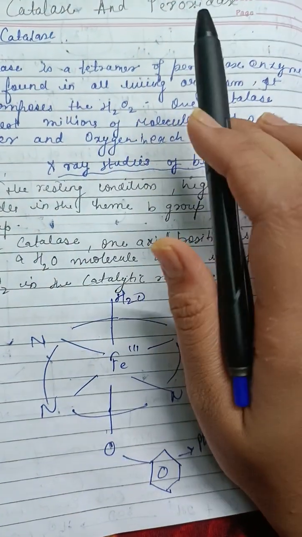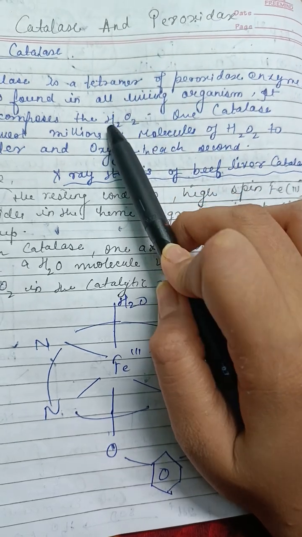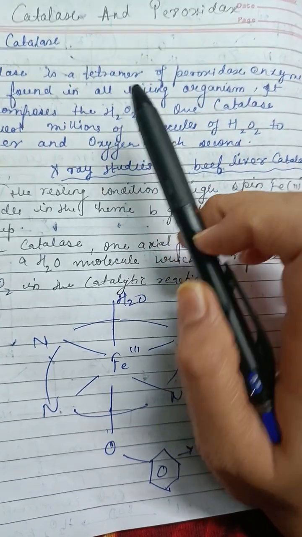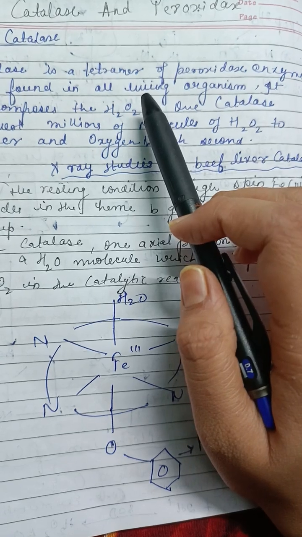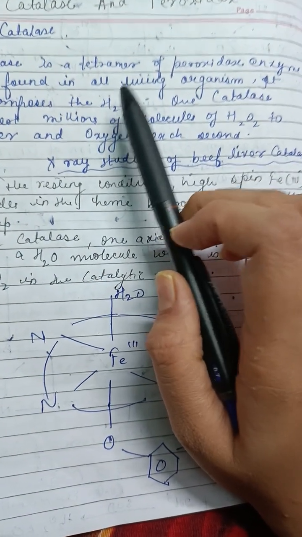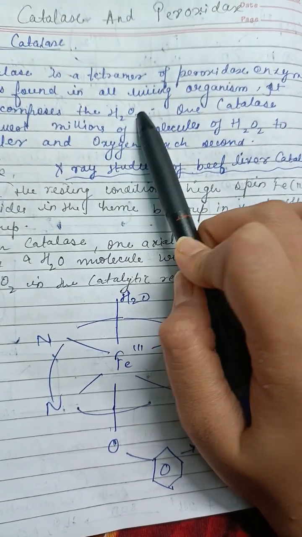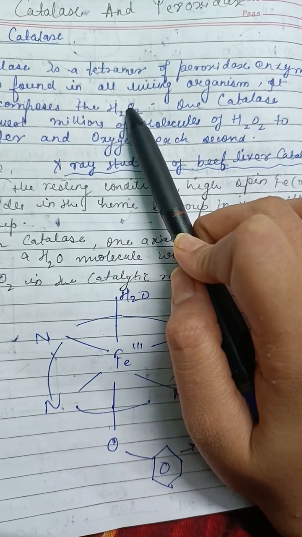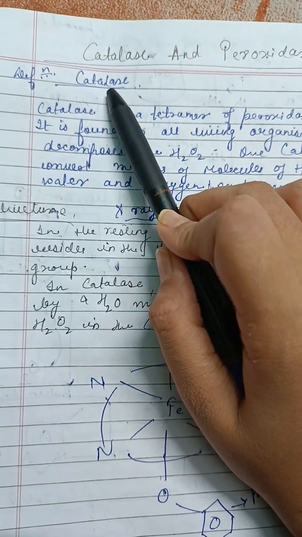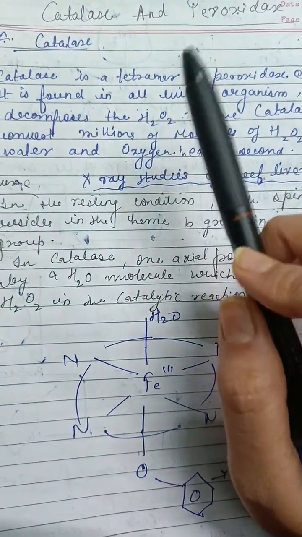H2O2 is not a free radical, but still it is highly reactive because it is considered a reactive oxygen species. So to destroy this H2O2, we have catalase. It is an antioxidant which catalyzes the disproportionation of H2O2.